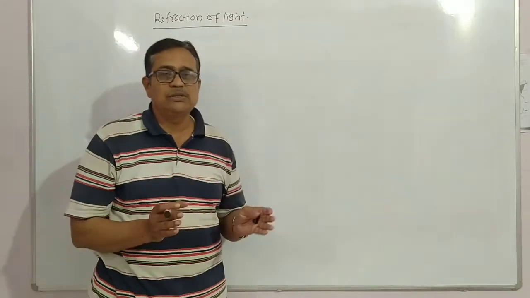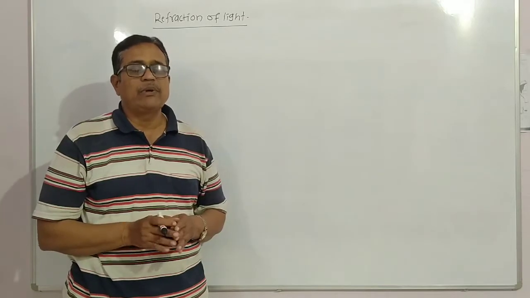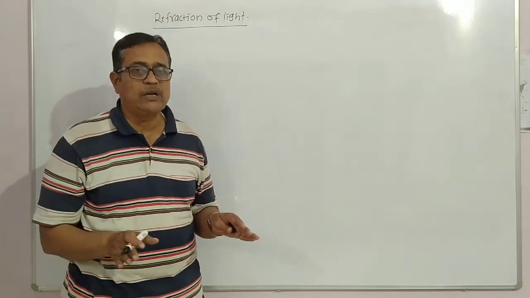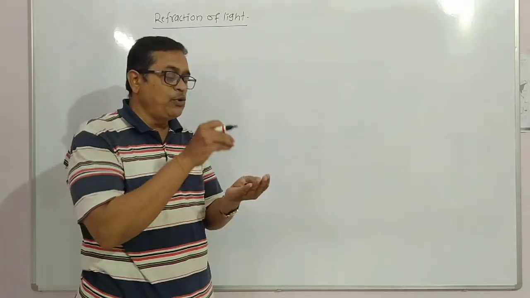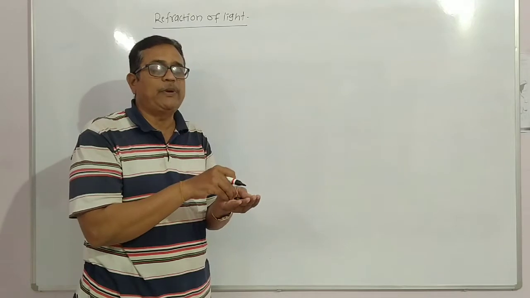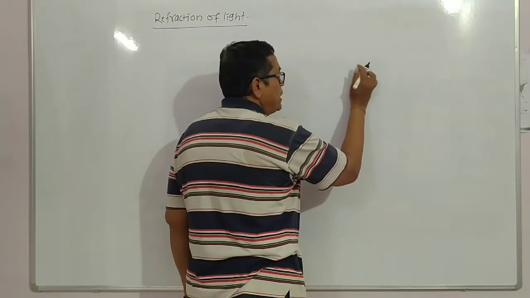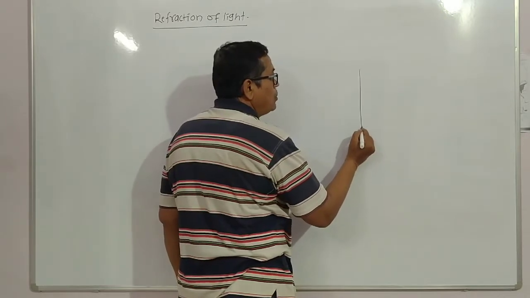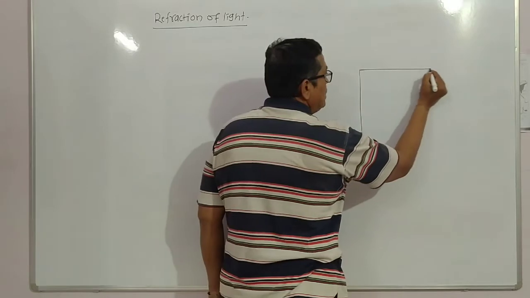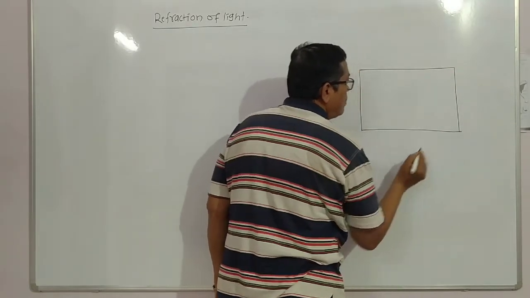Dear student, there is a cardboard in our laboratory and we place a white paper on that cardboard, just like this white board, and we put a glass slab on that white paper in this way. Imagine there is a glass slab on the cardboard.